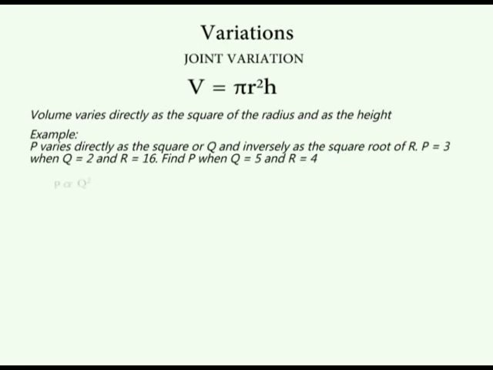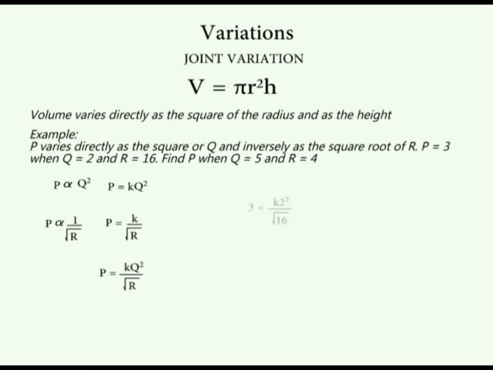And so P is proportional to Q squared, which means P is equal to k times Q squared. Also, the same P is proportional to 1 over the square root of R, and therefore P is equal to k over the square root of R. k is common, and so we can combine these. P is equal to kQ squared over root R.